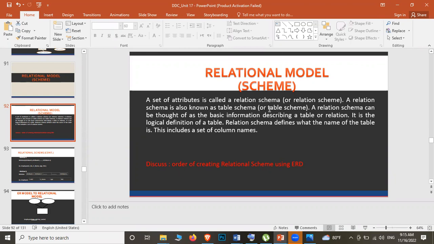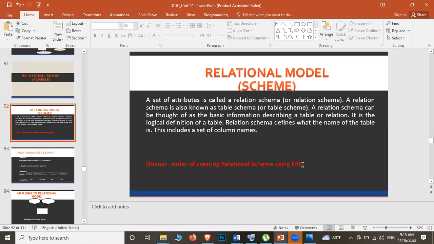A relation schema can be thought of as the basic information describing a table or relation. It is the logical definition of a table. A relation schema defines what the name of the table is. This includes a set of columns and names. In order to create a relational schema, we use the ERD.